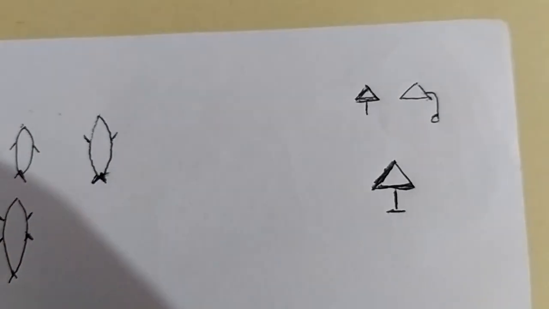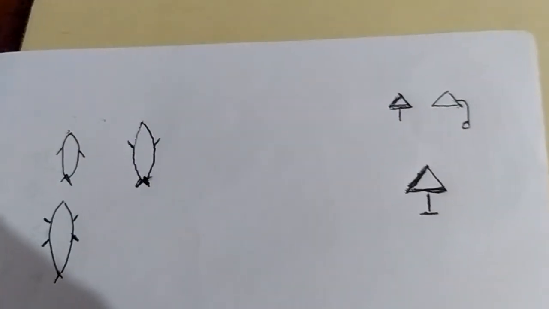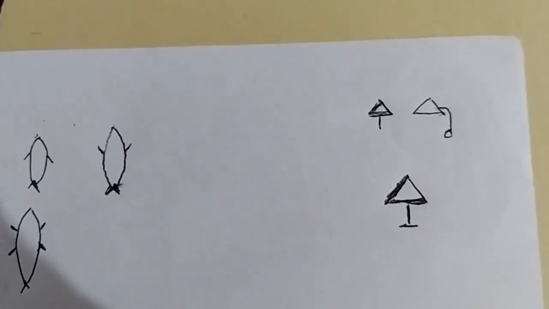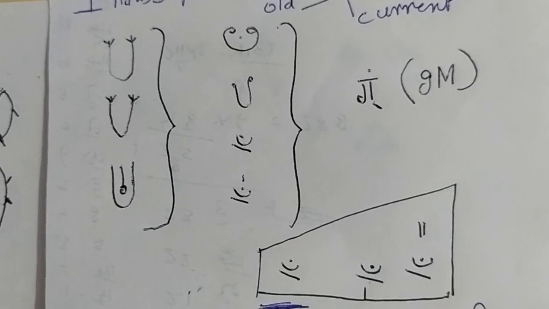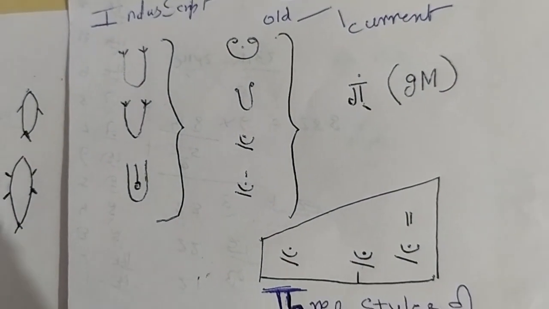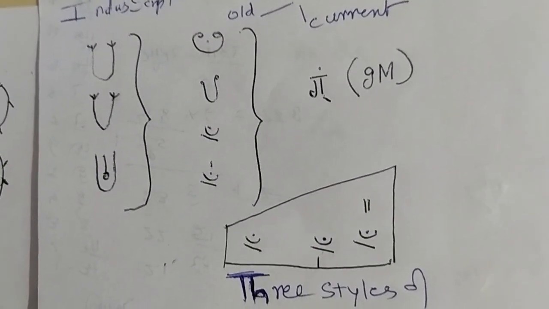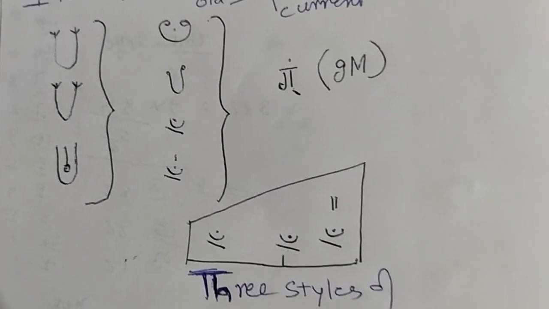Yeah, as we see in the case of the Brahmi script, there is a direct link, no? And in the Indo-script also we see, yeah, there is a link between the symbols and Sanskrit. What do you think?